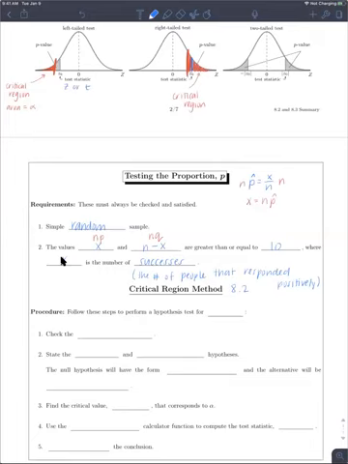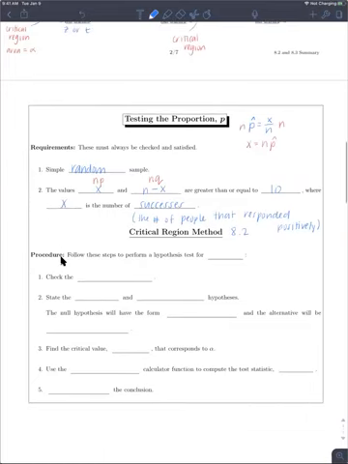Here are the steps that you're going to follow when you're testing P. Remember, if you're given a percentage, or told that 67% of people like this thing, then you're testing for P and not mu. The very first thing you need to do is check the requirements. Then you state your hypotheses.